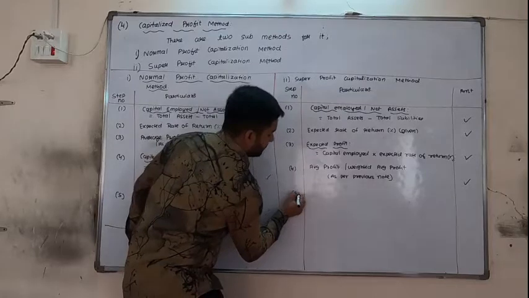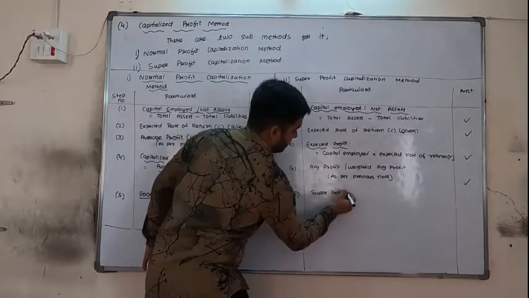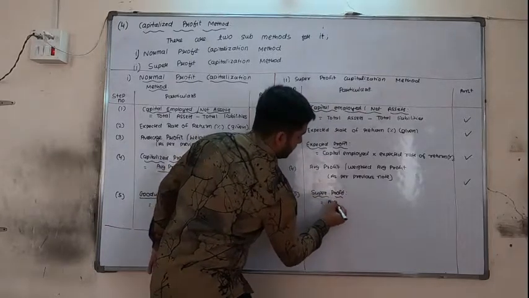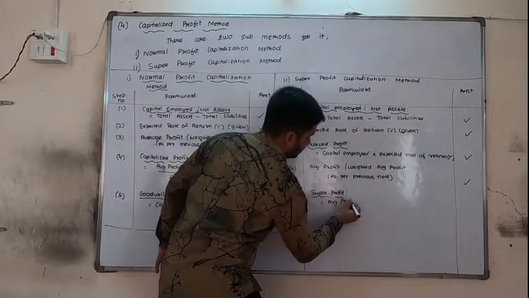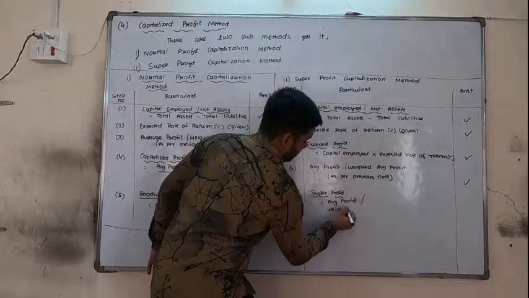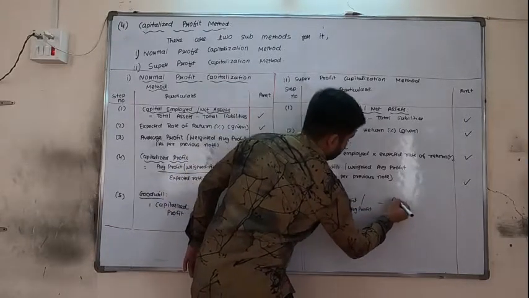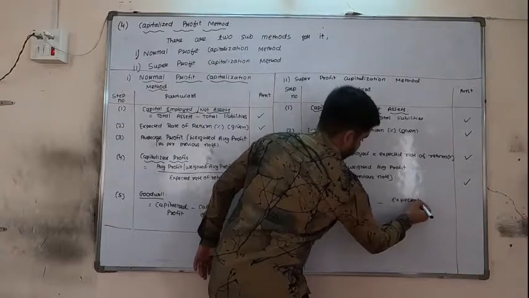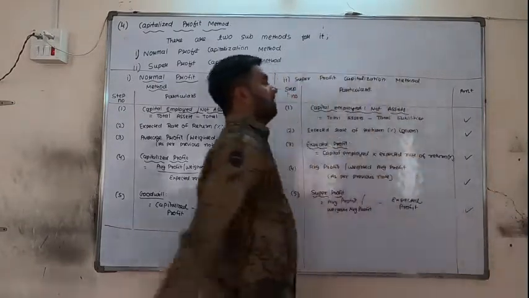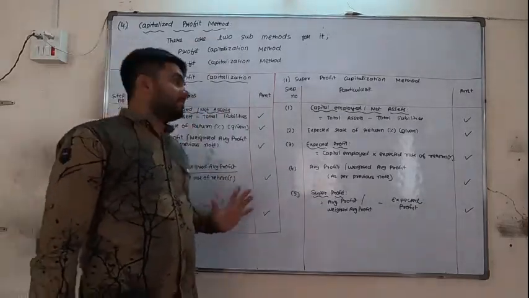Next step was super profit. Now super profit is equals to average profit or weighted average profit minus expected profit. These 5 steps are same like yesterday's super profit method.